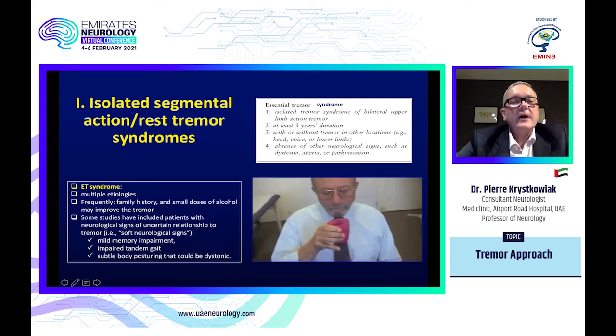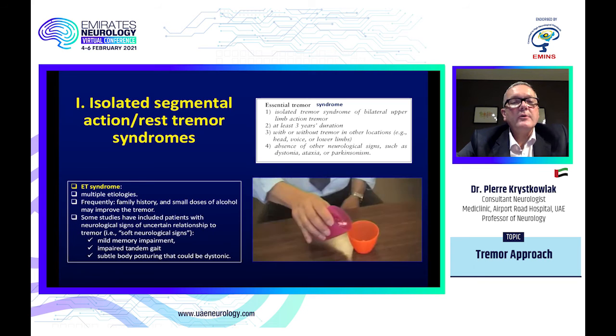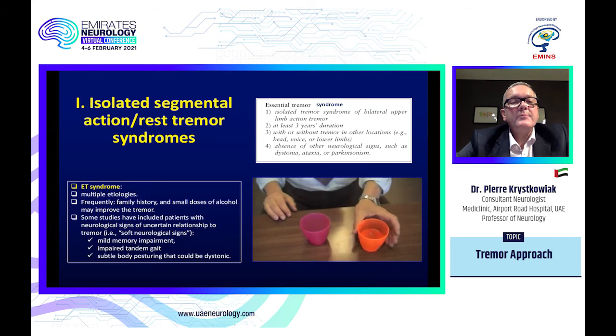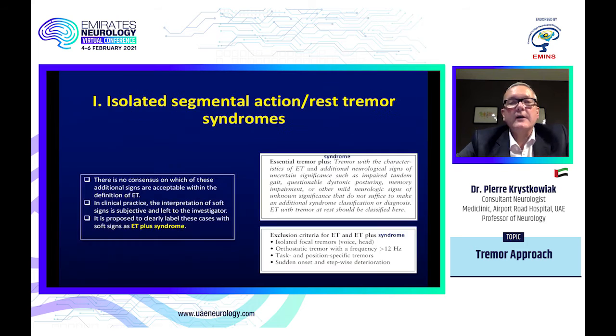And some studies, however, have included patients with neurological signs of uncertain relationship to tremor, which are called soft neurological signs, such as mild memory impairment, impaired tandem gait, subtle body posturing that could suggest dystonia. And that's the reason why, even though there is no consensus on which of these additional signs are acceptable within the definition of essential tremor, in clinical practice, when you have these soft signs in addition to the essential tremor, it's proposed to label these cases as essential tremor plus syndrome.